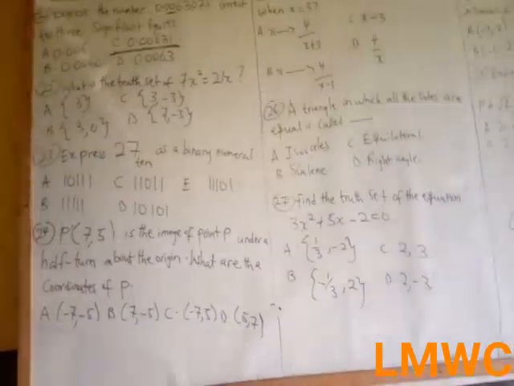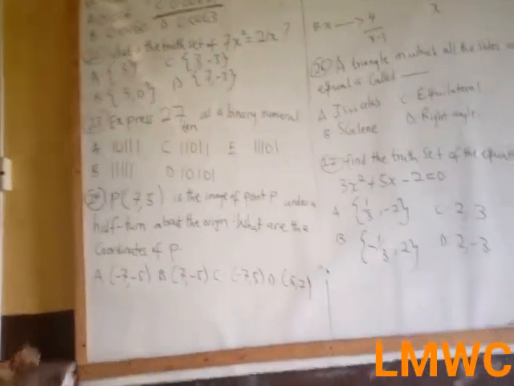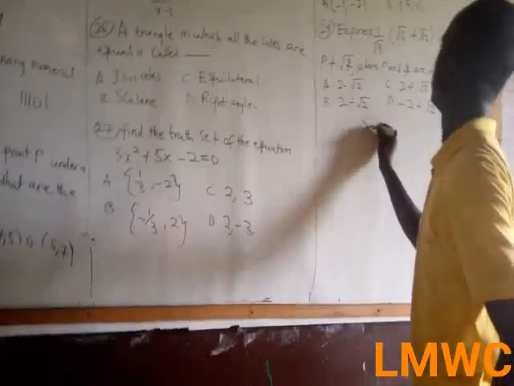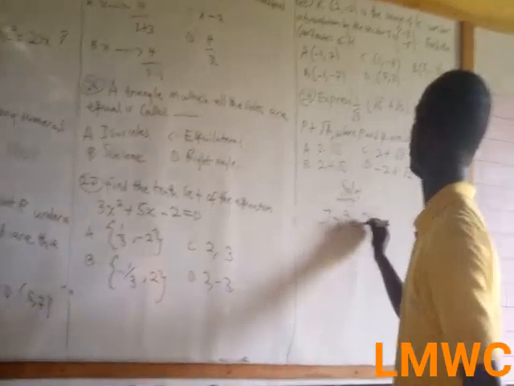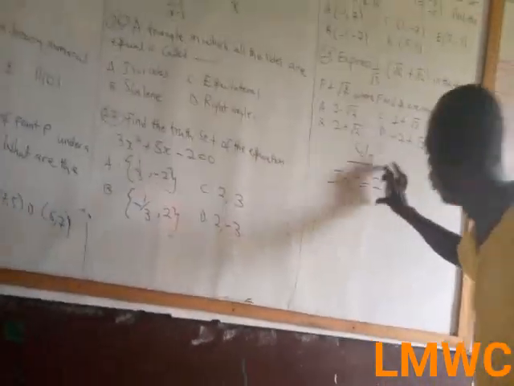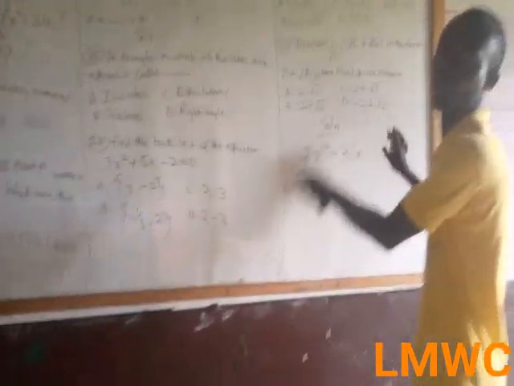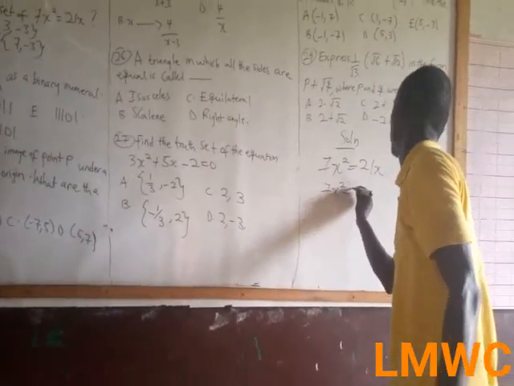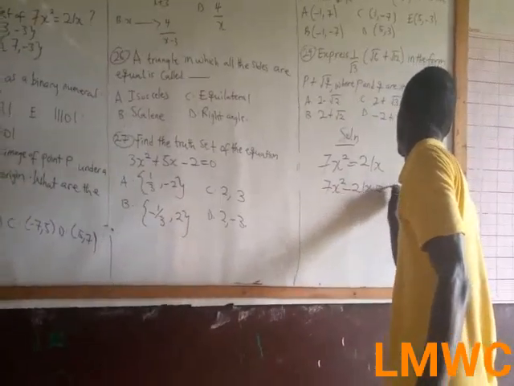Question 22. What is the solution set of 7x squared equals 21x? This question is not difficult. So, solution. 7x squared is equal to 21x. You have been asked to solve for x. So you move the 21x to the left hand side of the equation, and it becomes 7x squared minus 21x equal to 0.